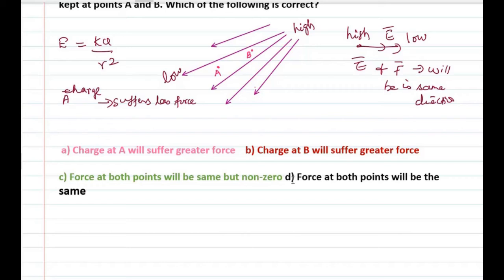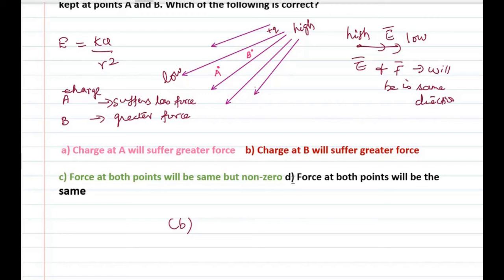When the charge is close to this high potential and you place a test charge here, there will be a repulsive force between this test charge and the positive charge. So it suffers greater force, which is close to the high potential region. So the option is B, B suffers a greater force.